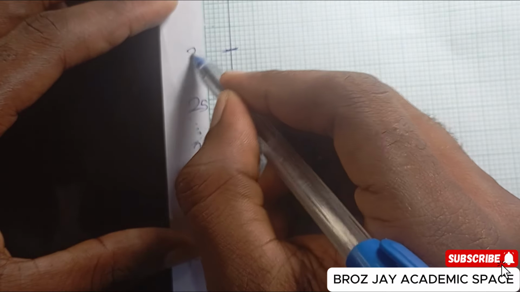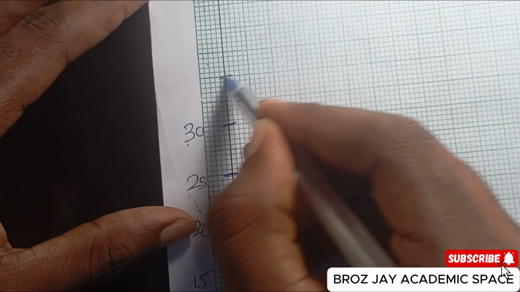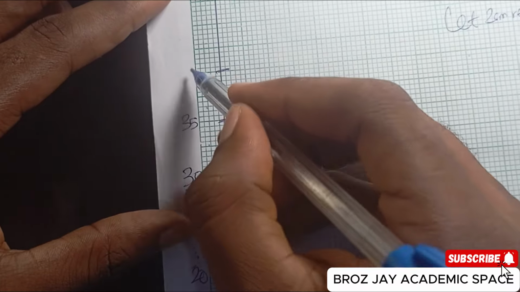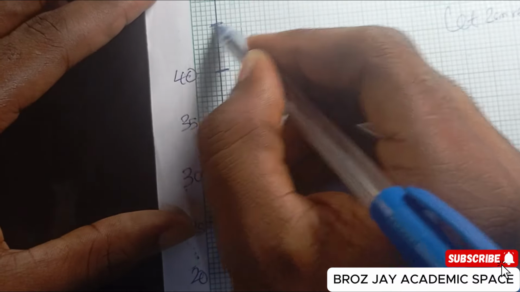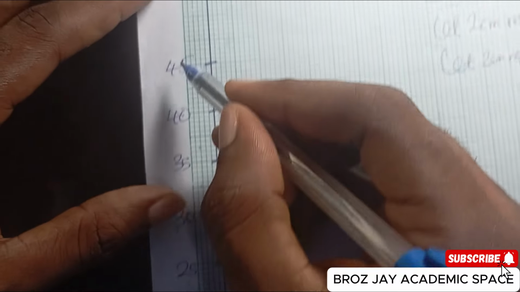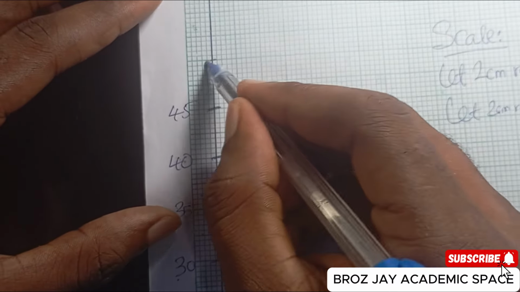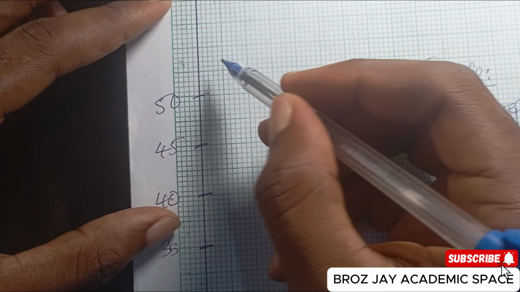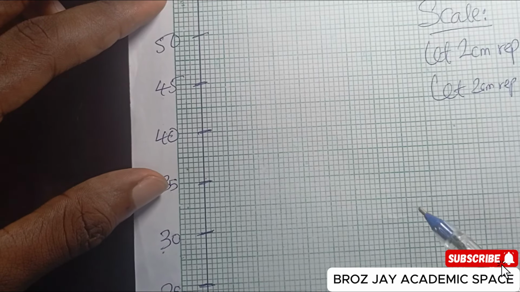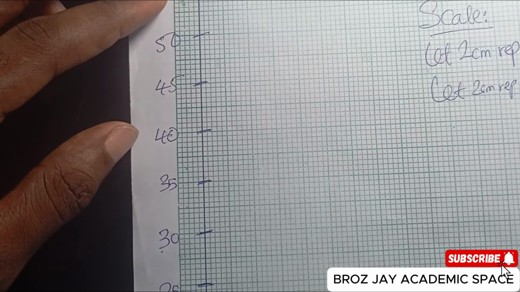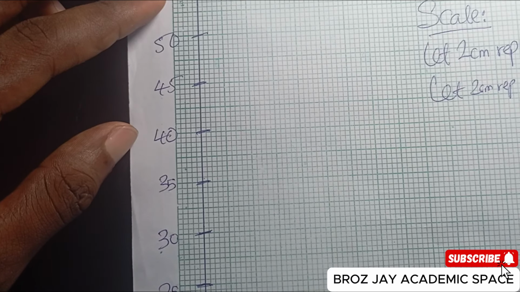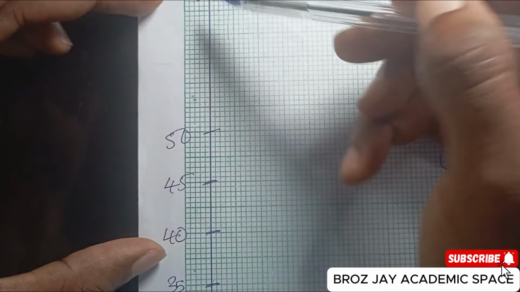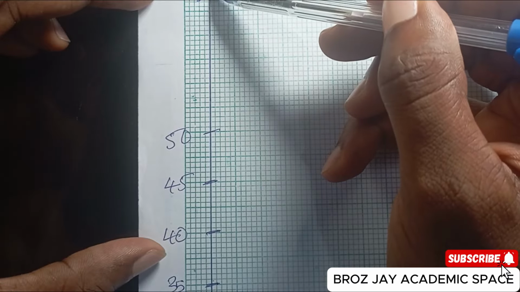Next two, 30, 35, 40, 45, 50. So you can stop there because looking at our table, it was at 40. So we can stop at 50. You can decide to continue till you finish the graph.